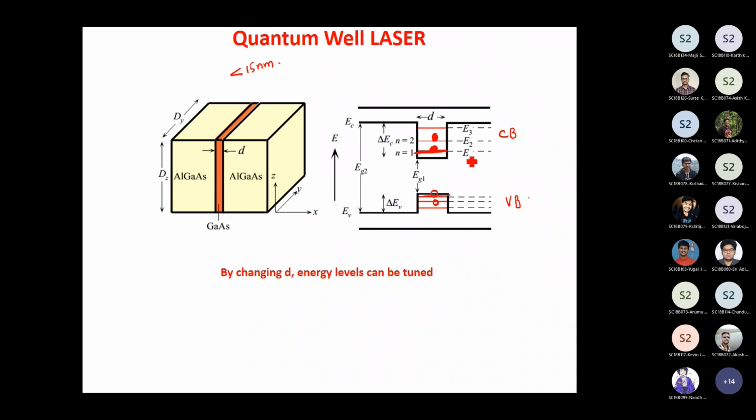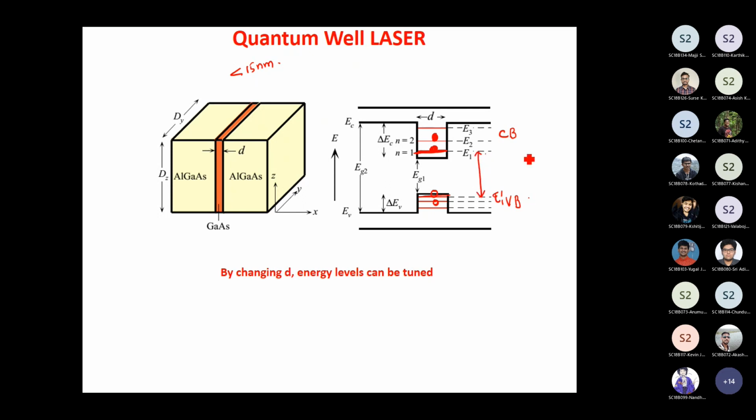The energy E1 or the energy E2 is actually decided by the width of the potential well. That means E1 can be adjusted by the width of the potential well D and also the height of the potential well. So transitions are going to happen between E1 and, I'll call this level E1 prime. Transitions happen between E1 and E1 prime.